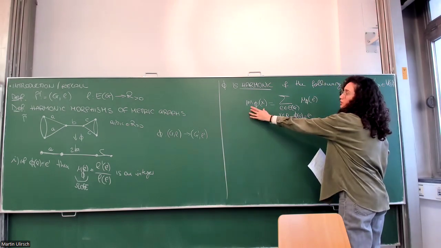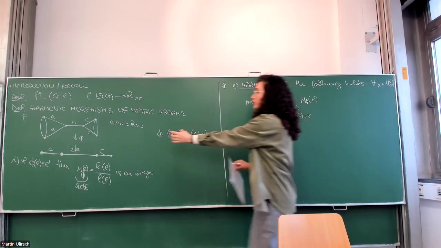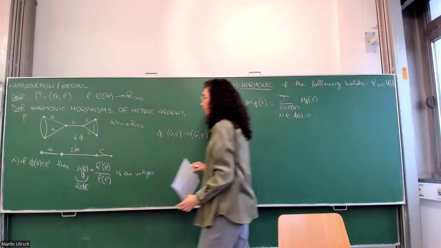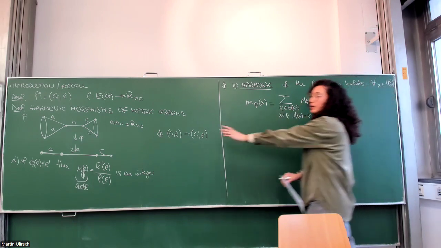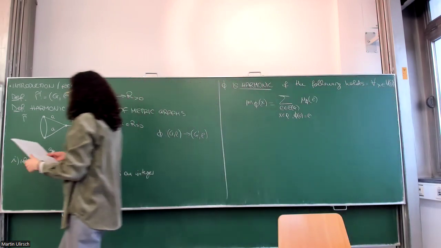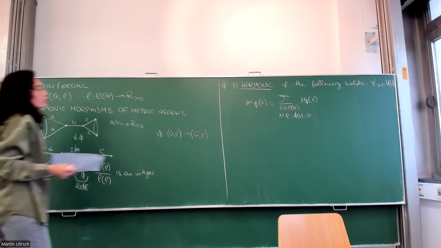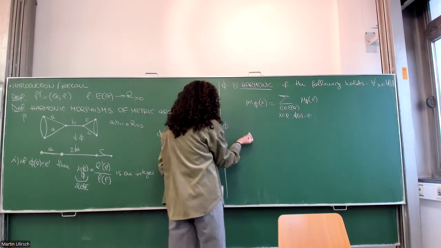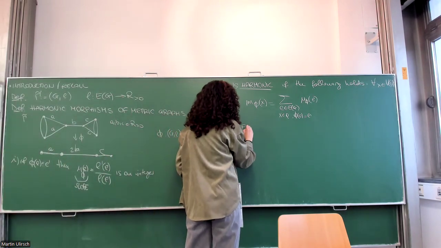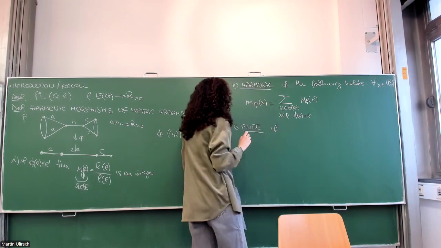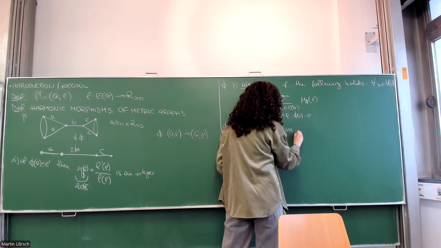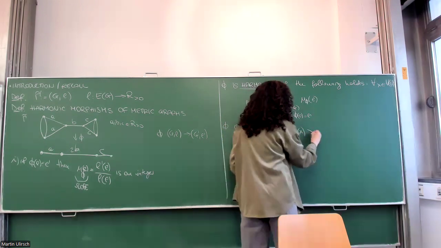And that's called the horizontal multiplicity of the map. So here the slope will be 1 or 2, depending on whether we have dilation or not. And we say that phi is finite if this number is always non-zero.